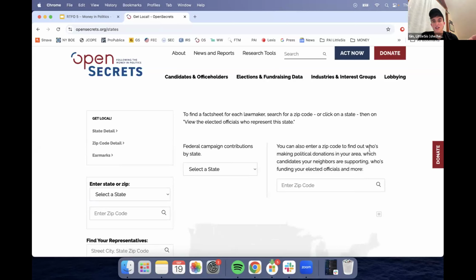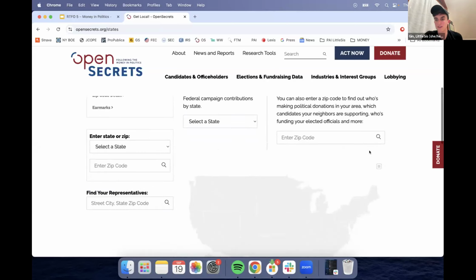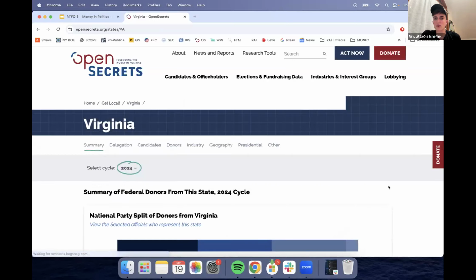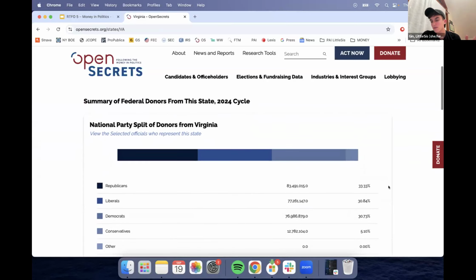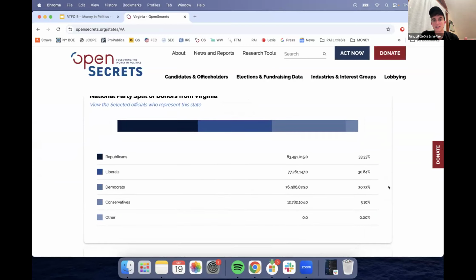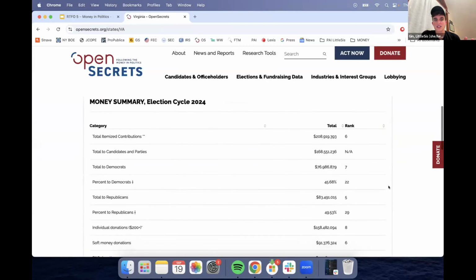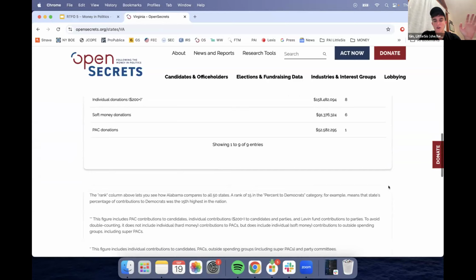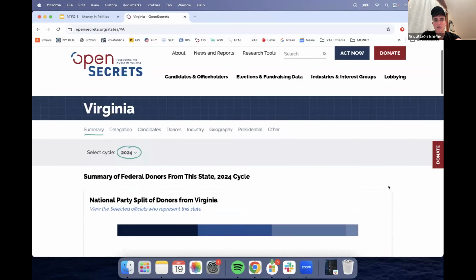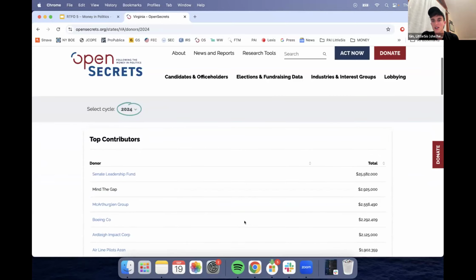Now, say, I'm from Virginia originally. So if I want to know all the different donors from Virginia, how do they donate? I can click that and it's going to give me sort of like a rough overview of what these donors are doing, who the donors are.